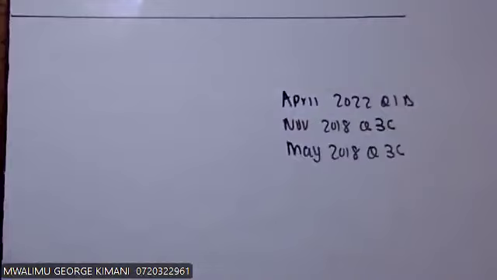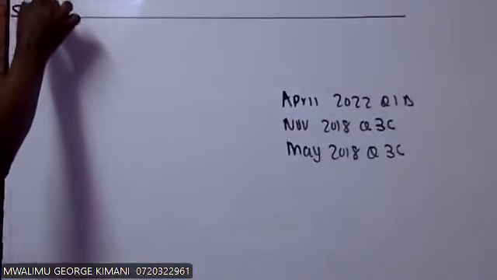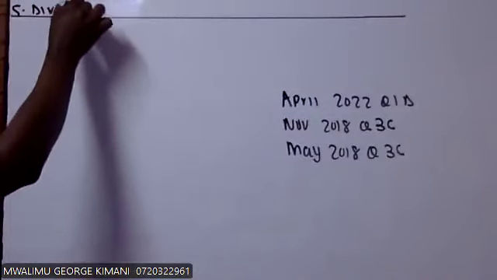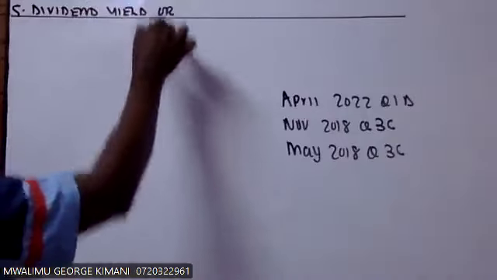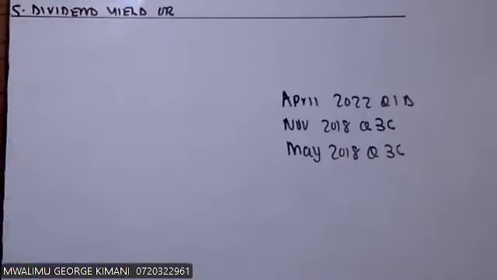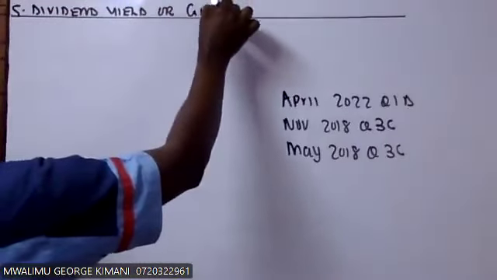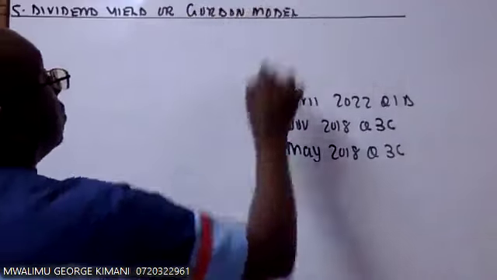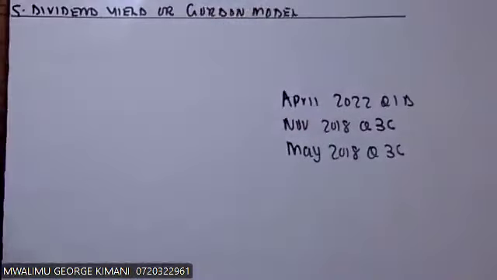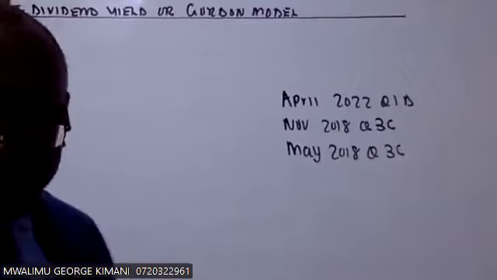Number 5 is dividend yield, or Gordon model.